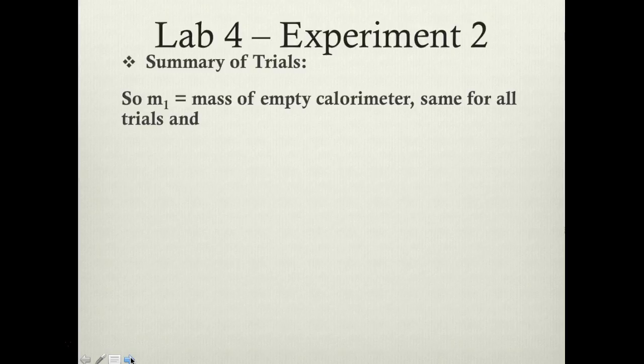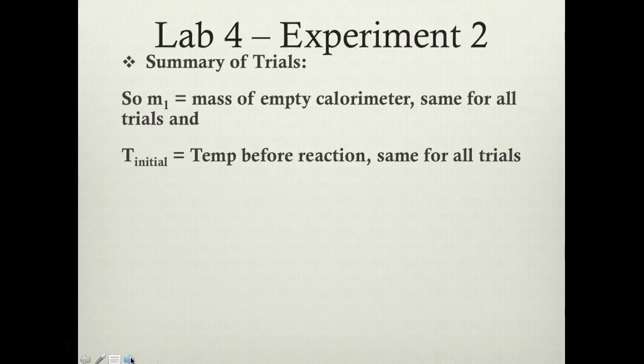So, the summary of the trials: the mass of the empty calorimeter is going to be exactly the same for all 3 trials, because the calorimeter you're using is very similar, and if it's empty it should weigh the same for all 3 experiments. The initial temperature is again the same because it's room temperature.